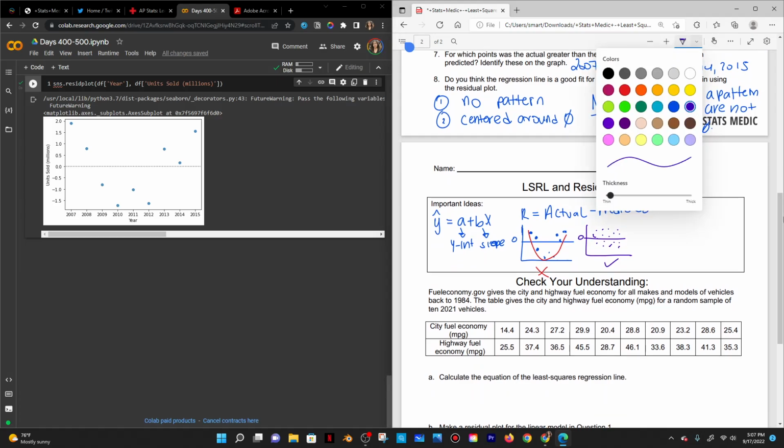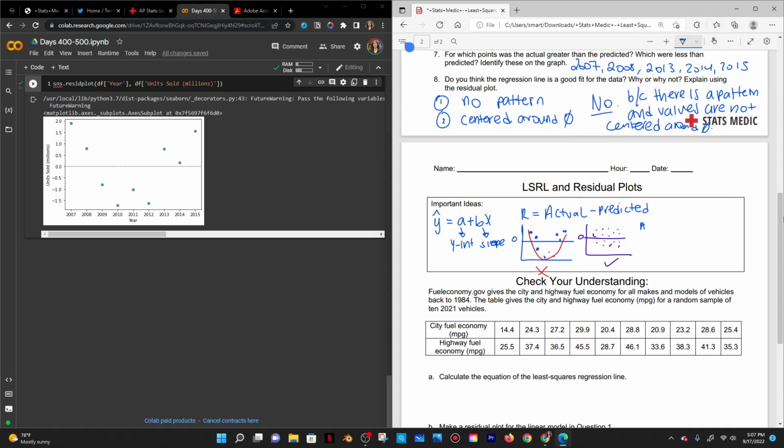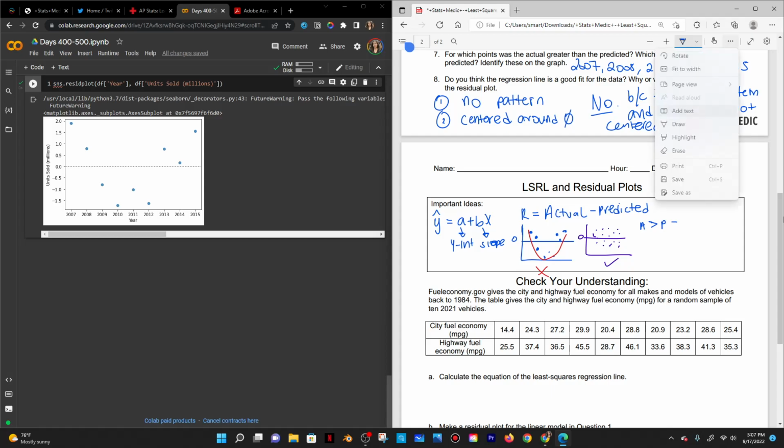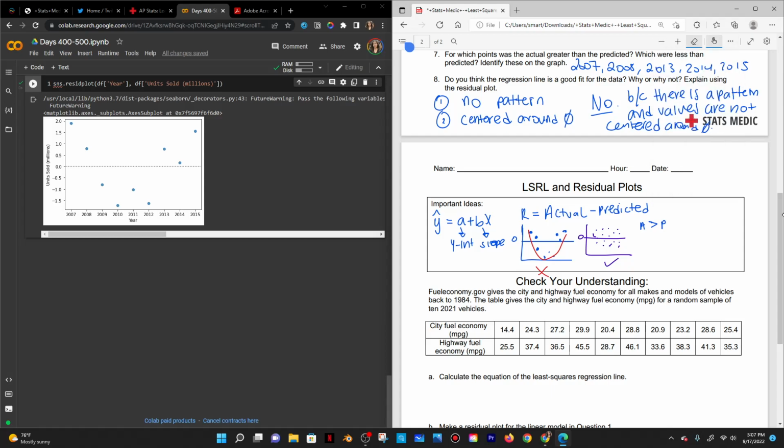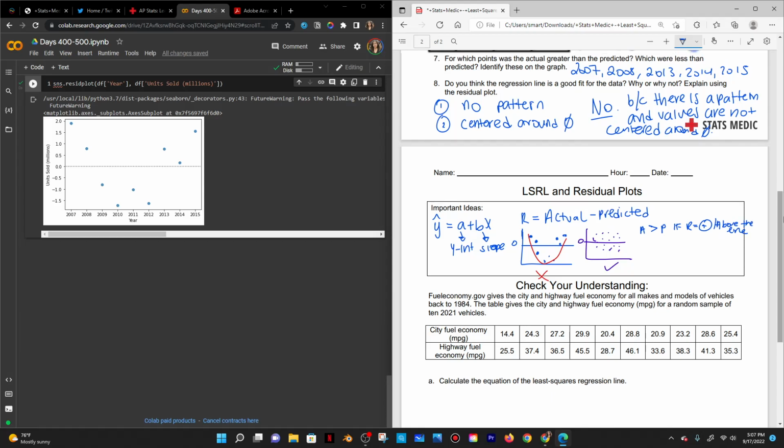And then my little notes: your actual value is greater than your predicted value if your residual is positive, or it's above the line in a residual plot.